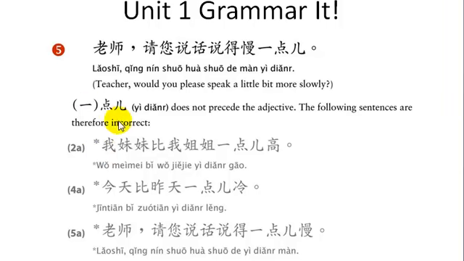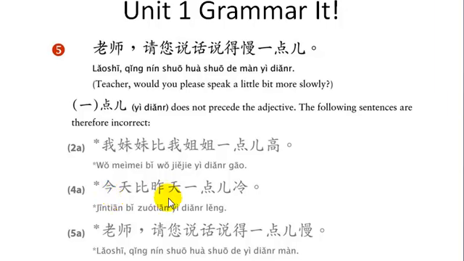Okay, here's a common mistake that you can make when trying to formulate sentences in Chinese, maybe when you're translating from English. So these are incorrect examples with the use of 一点儿. So 我妹妹比我姐姐一点儿高. Okay, because in English we like to say a little taller, whereas in Chinese they're saying taller a little. This has to go in the back. So the correct way would be 我妹妹比我姐姐高一点儿.